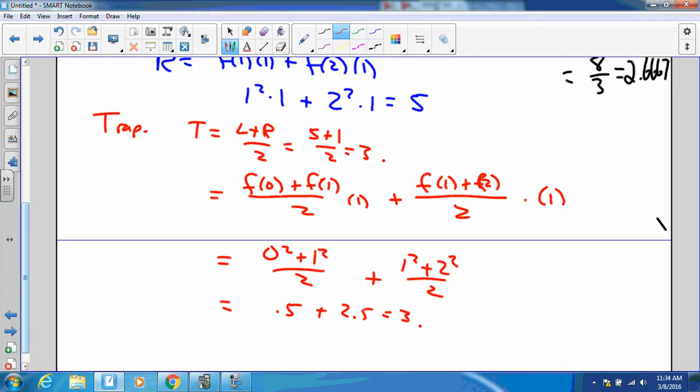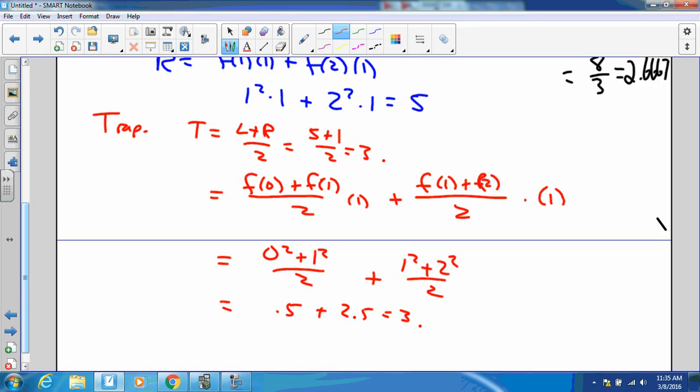Questions about that? Are we suitably impressed with the accuracy? With only 2 trapezoids, I came within 0.3 of a number that is somewhere around 2.6. That's not bad. Actually, this is the same as a midpoint.